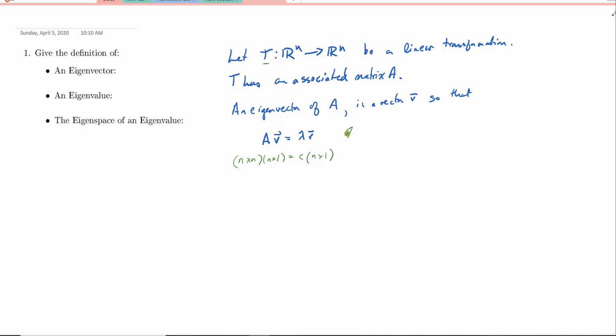Okay, so this is for lambda just a real number. Keep in mind, we've got a matrix times a vector, and that's equal to a scalar times that same vector. And if we can find such a scalar, then we will call V an eigenvector, and we call lambda an eigenvalue.